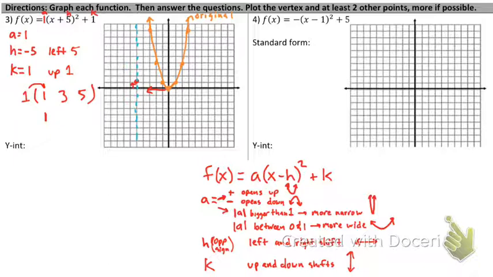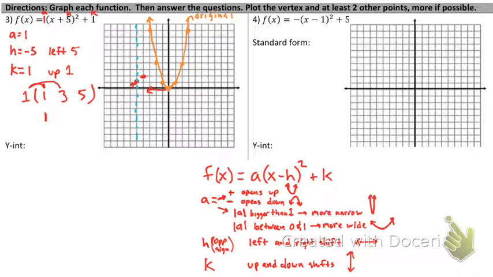So the 1, 3, 5 pattern says go right 1, and then these numbers tell you how to move up or down, depending on sign. Since it's positive, we're going to move up 1. So over 1, up 1.